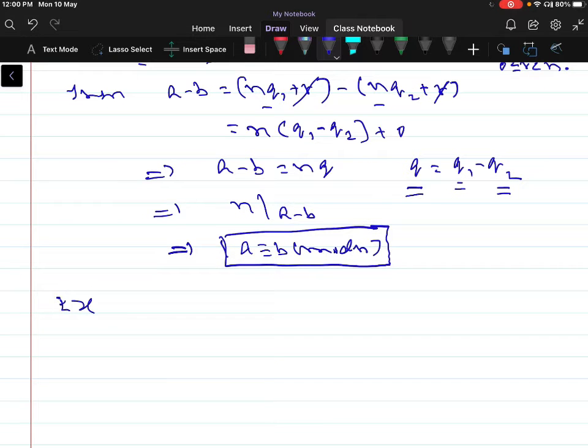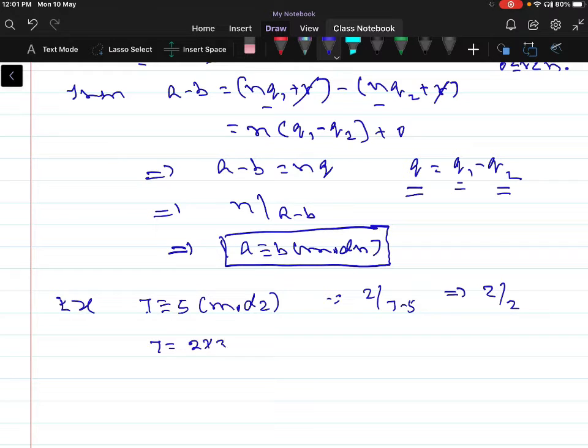Example: 7 is congruent to 5 modulo 2, since 2 divides 7 minus 5, so this implies 2 divides 2. Here you can observe that when the integer 7 is divided by 2, 7 can be written as 2 into 3 plus 1, remainder is 1.